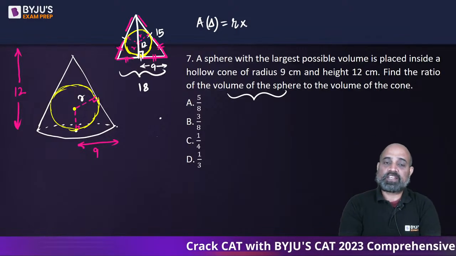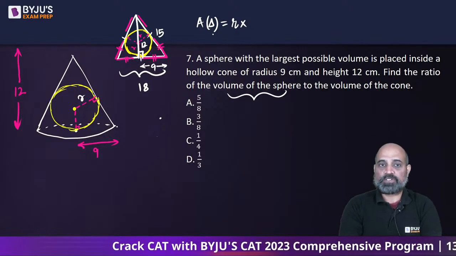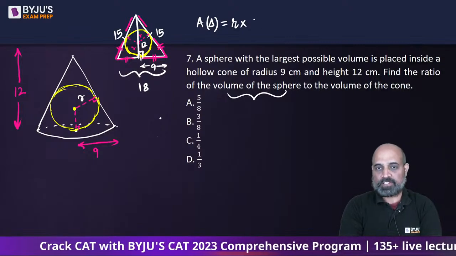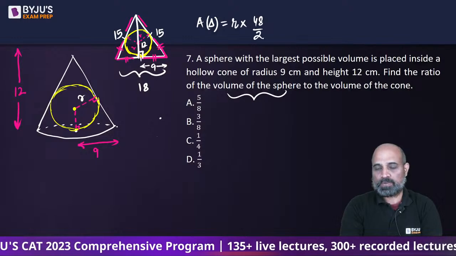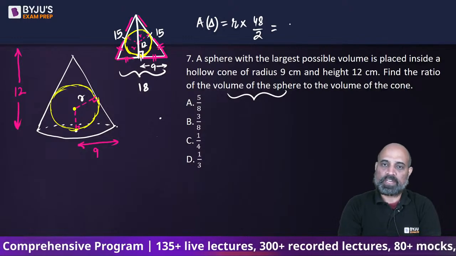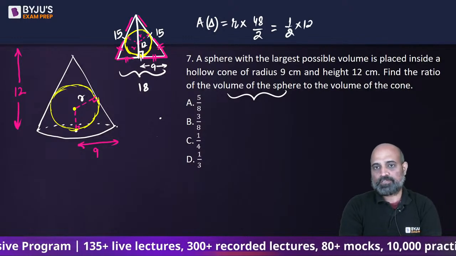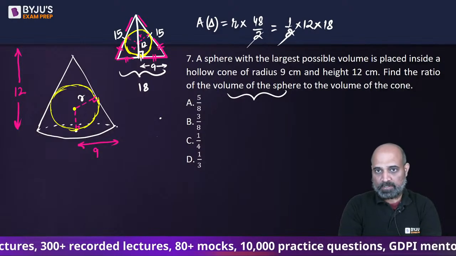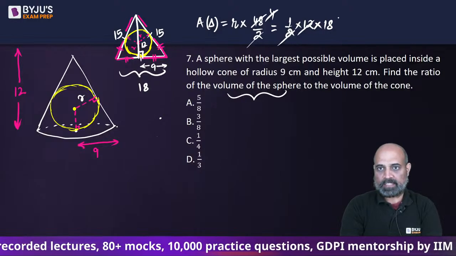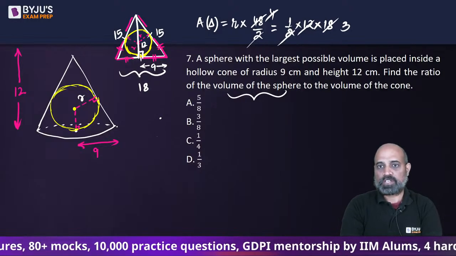So area of this triangle is going to be radius into semi-perimeter, which is going to give us (30 plus 18), which is 48 by 2. That is going to be half into base into height. So 2 and 2 cancels out. This is 12 into 4 and this is 6 times.